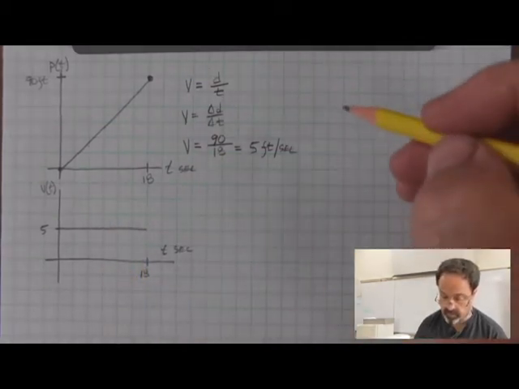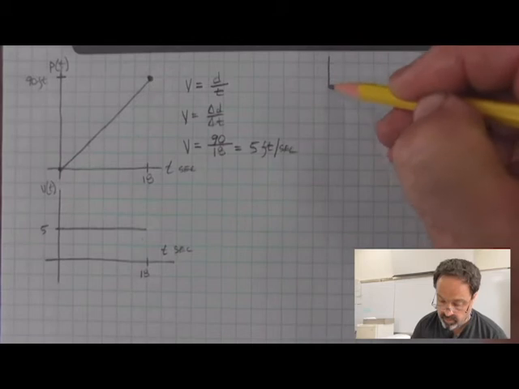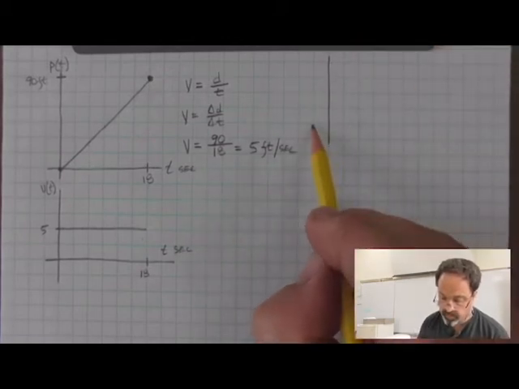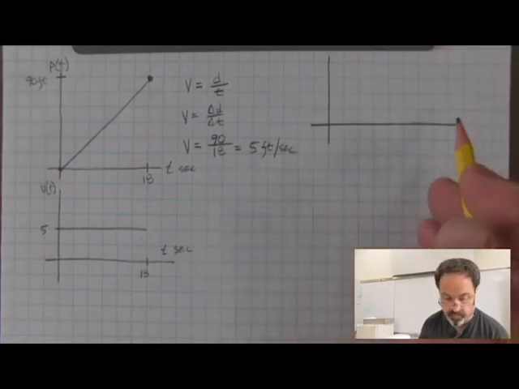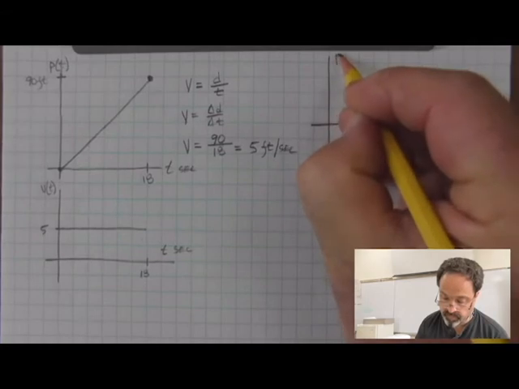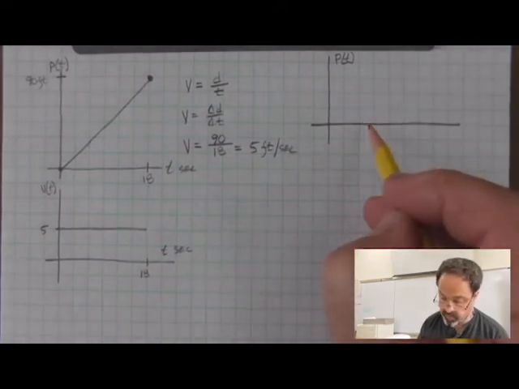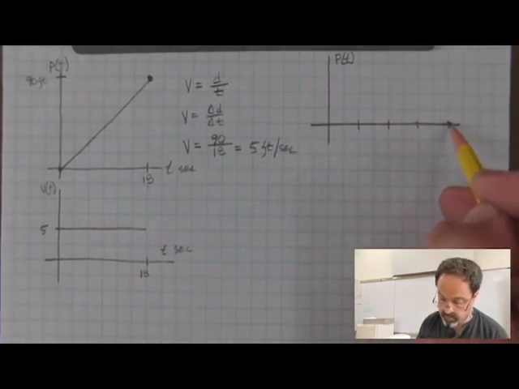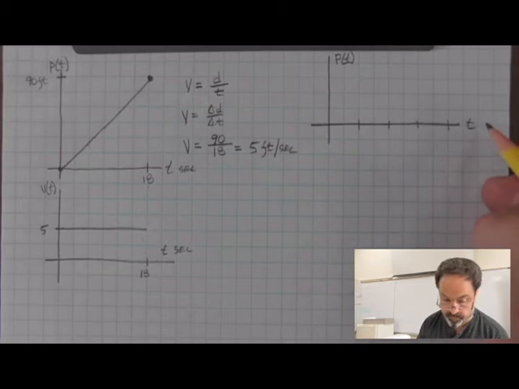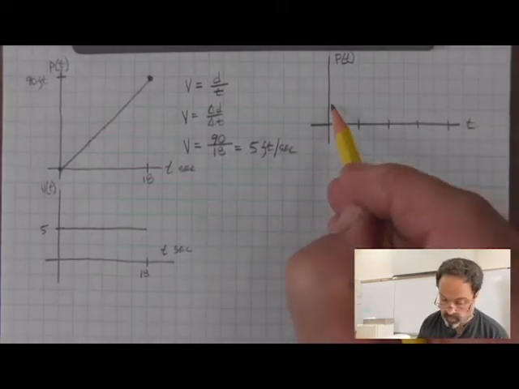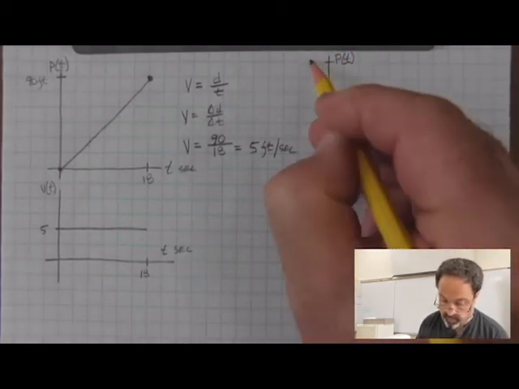Let's give another example. We'll make this one a little bit more complicated. I'm going to draw a graph where the vertical axis is position as a function of time. And the horizontal axis again is time. And we'll make some tick marks.